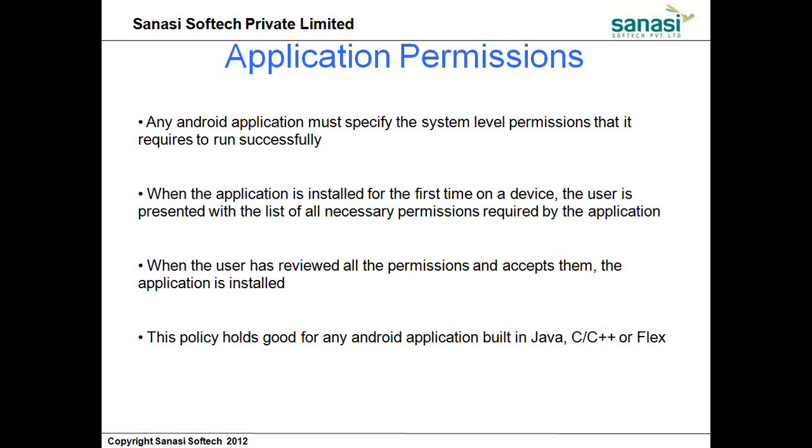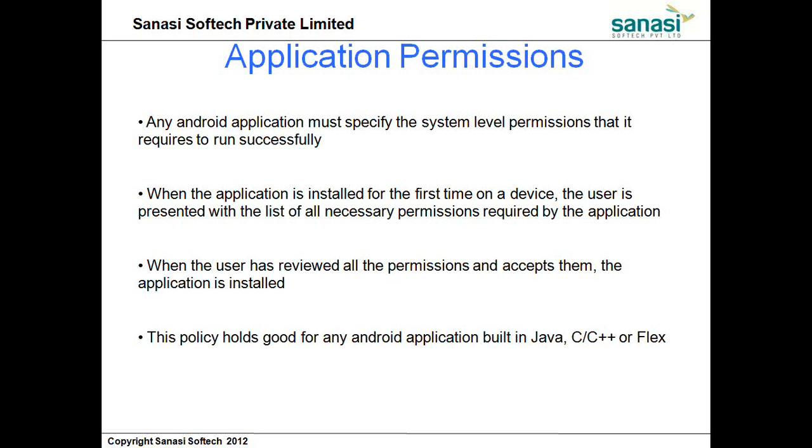Let's say your application depends on the micro SD card, so you'll have to obtain permission for accessing the micro SD card, and so on. So the point is that any Android application that is built needs to explicitly mention the system level permissions that it is expecting so that it can run successfully. That's a very, very important point.